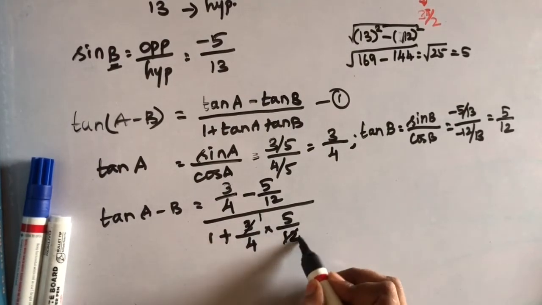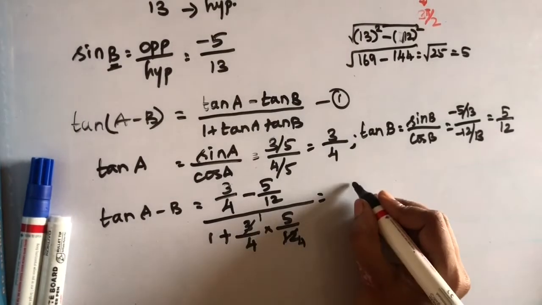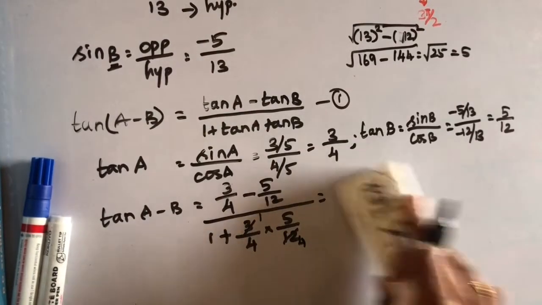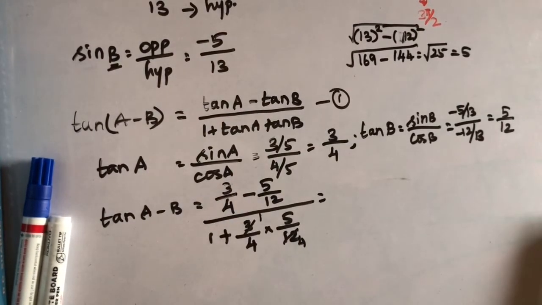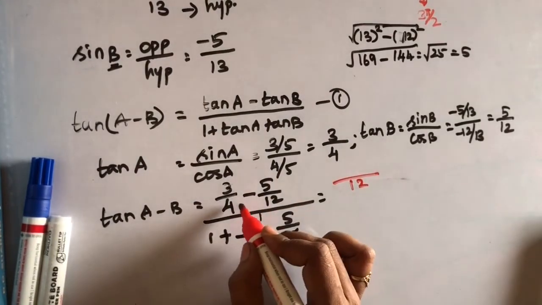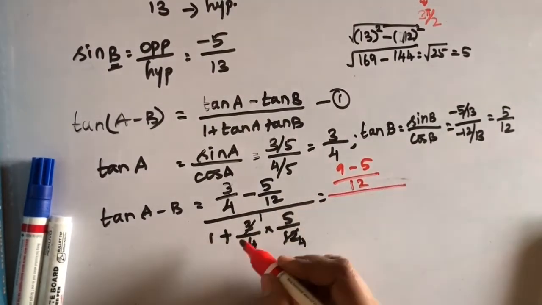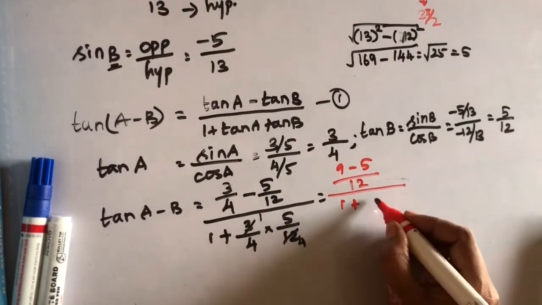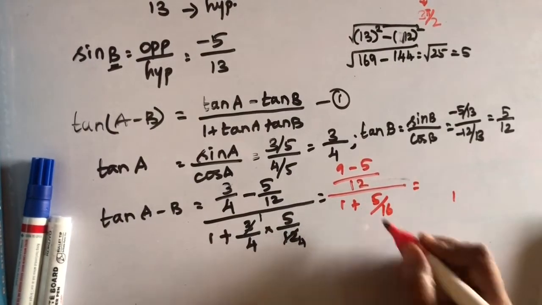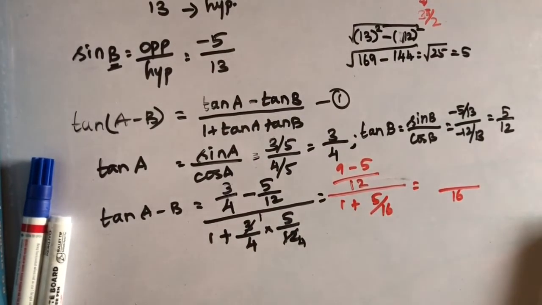In the numerator you can take 12 as LCM, so 12 in the denominator, you have to multiply 3 by 3, so 9 minus 5. In the denominator it is 1 plus 5 by 16. So you can take 16 as LCM. So it is 16 plus 5, 21.